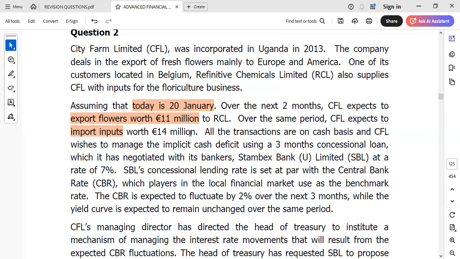You need to net off and see whether you remain in the payment position, or you're the one to receive. Remember, here you're exporting and at the same time importing in the same currency. So if we net off, we remain with how much?